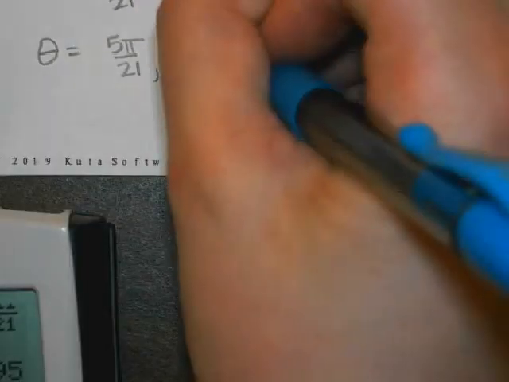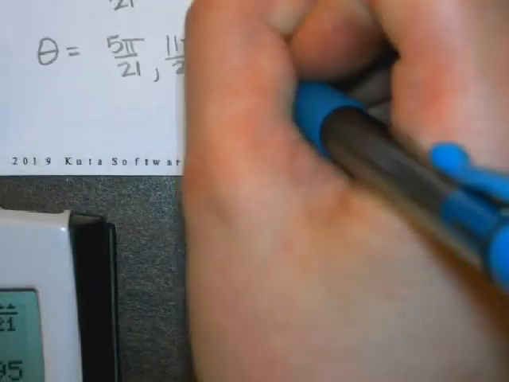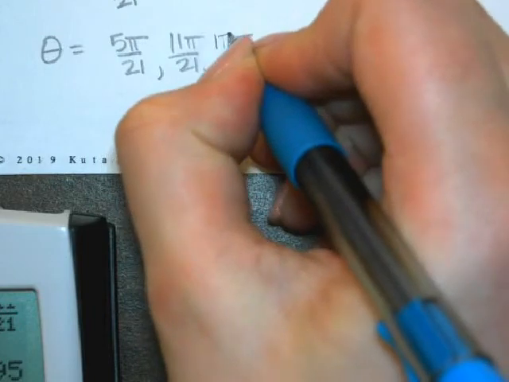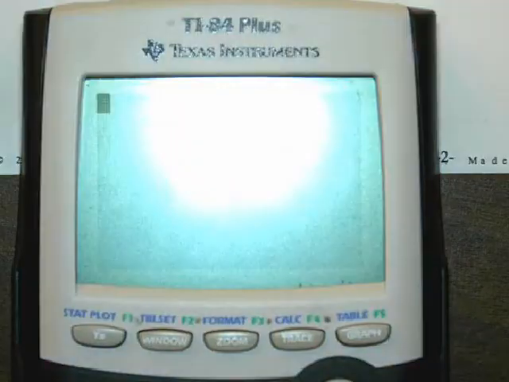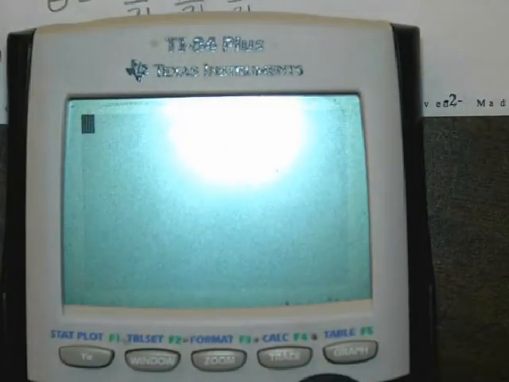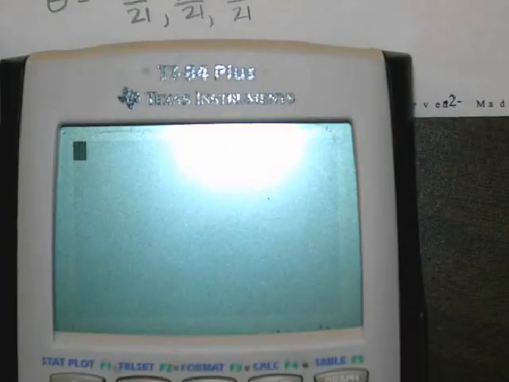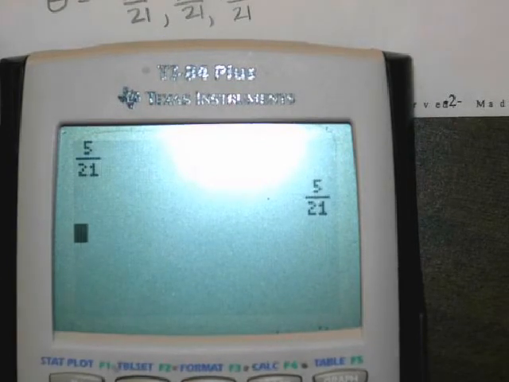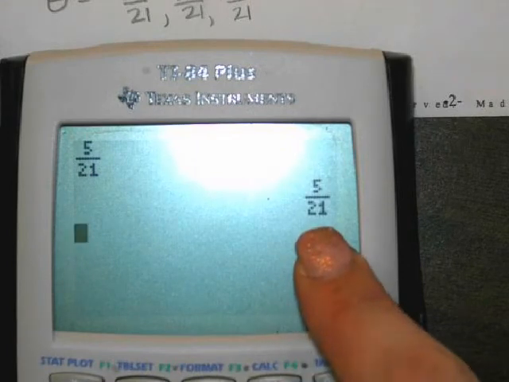Yeah, so here's the trick that I usually use. Hold on, let me write this. I can't multitask. Okay, so here's the trick that I use to make it so I don't have to keep typing this. I'll go ahead and do alpha y equals, and I'm going to do 5 over 21. And then I press enter so it's just on the screen like that.